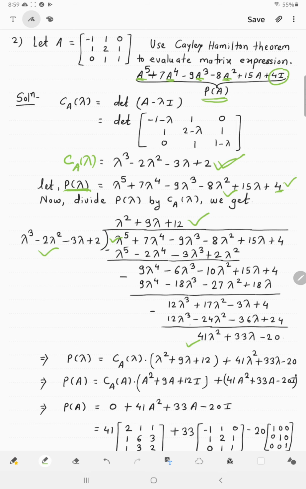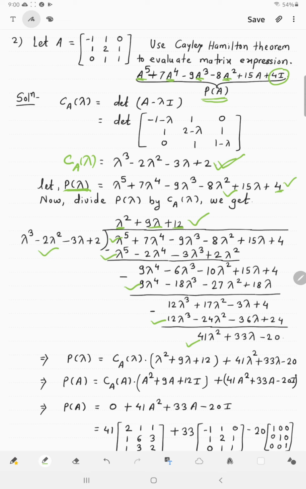If I do all this calculation, firstly I multiply by lambda square, I will get this. Then I multiply by 9 lambda, I will get this. Then I multiply by 12, I will get this. So the remainder is 41 lambda square.